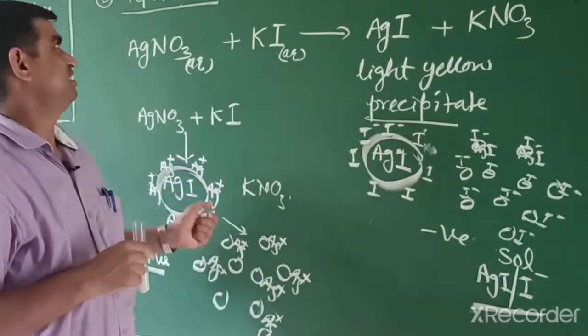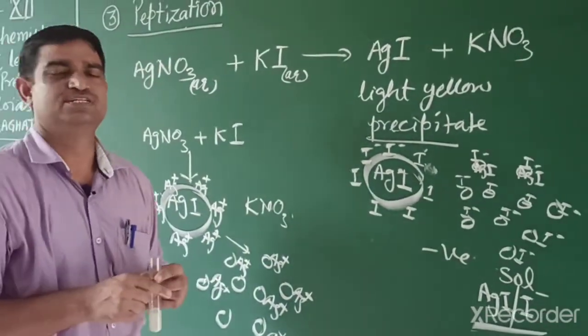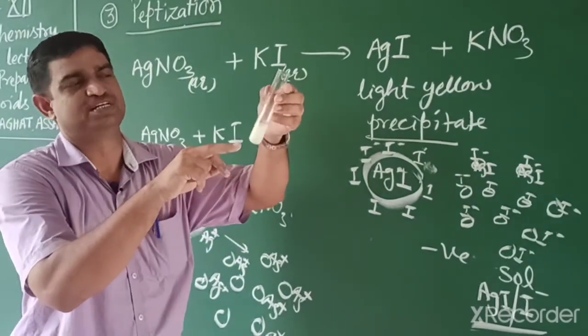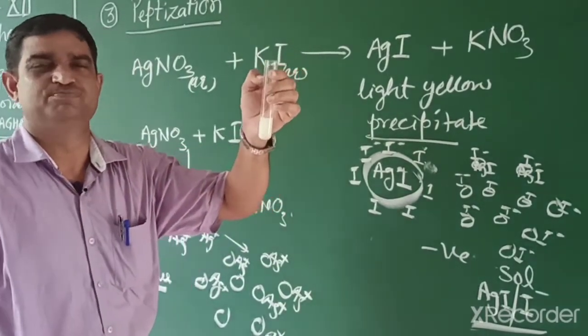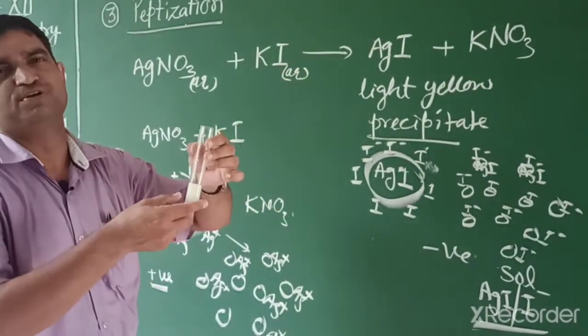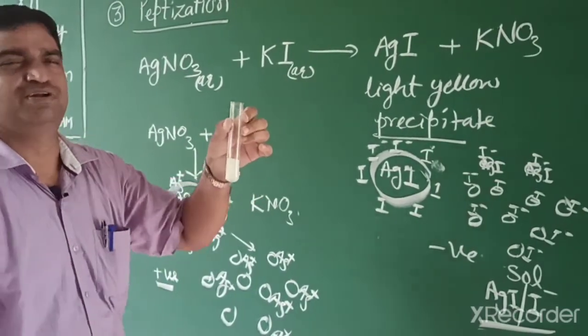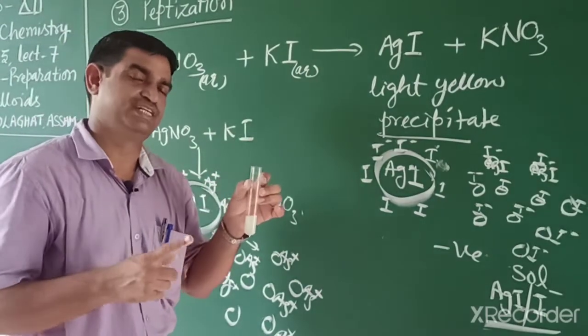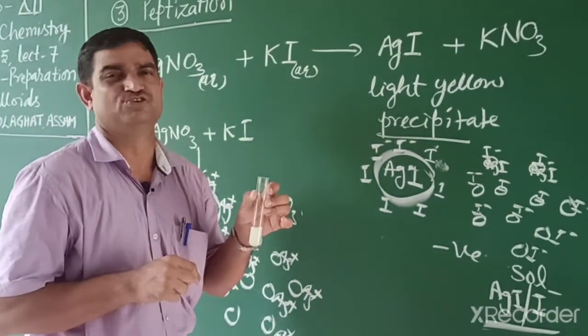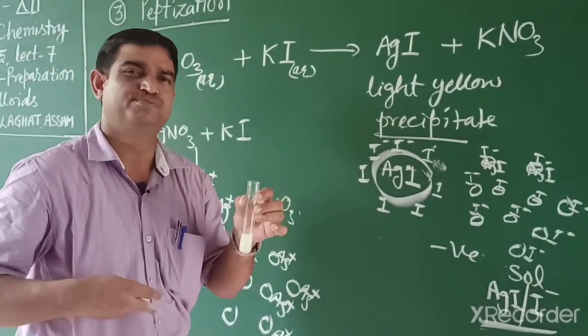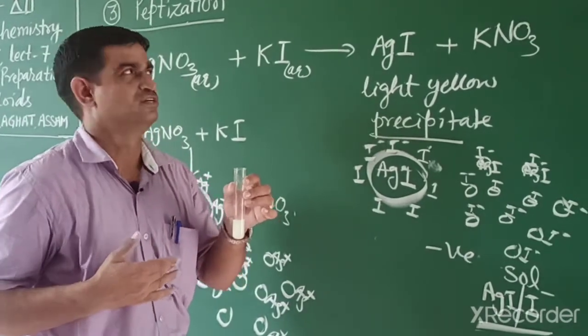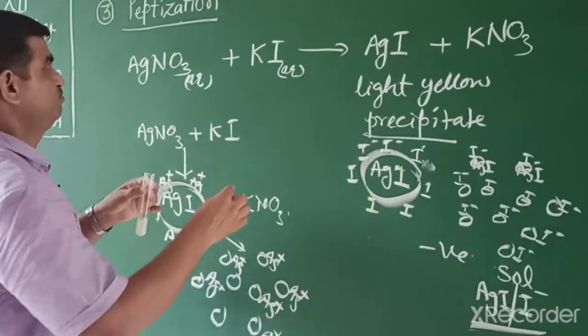So this method is peptization. It means a freshly prepared precipitate, to which we add a small amount of electrolyte. Whichever electrolyte, only a single ion, either positive or negative, adsorbs. That is known as preferential adsorption.